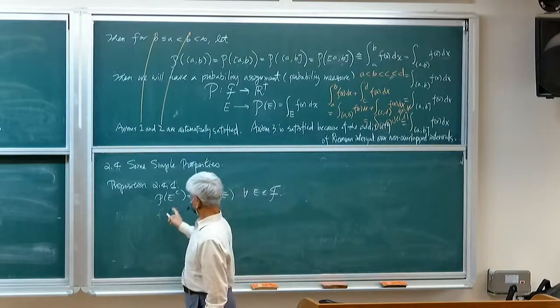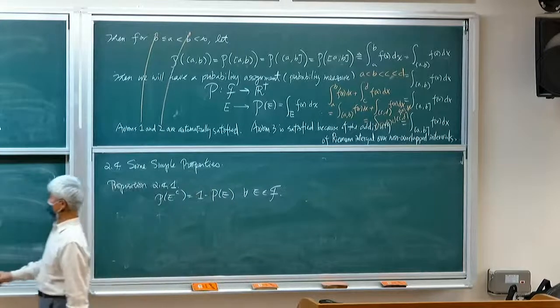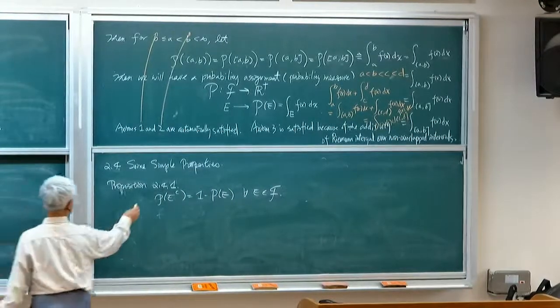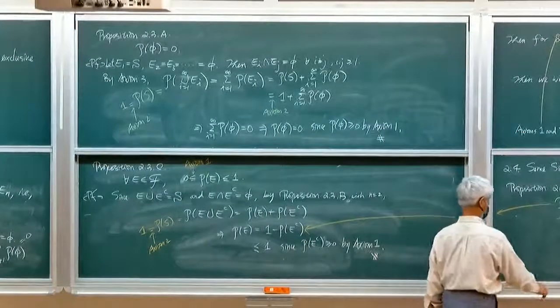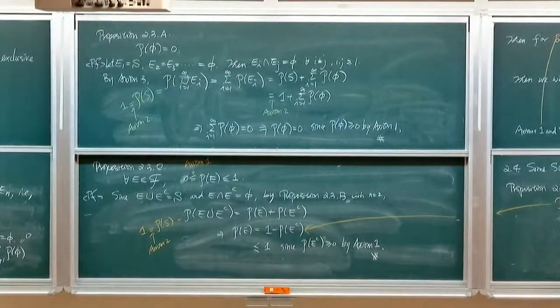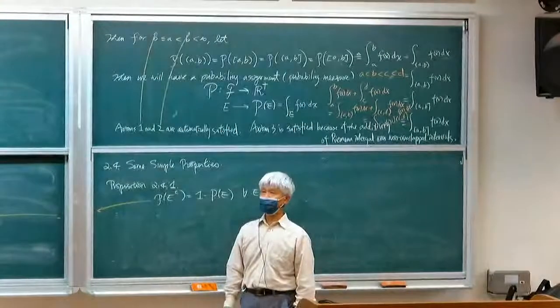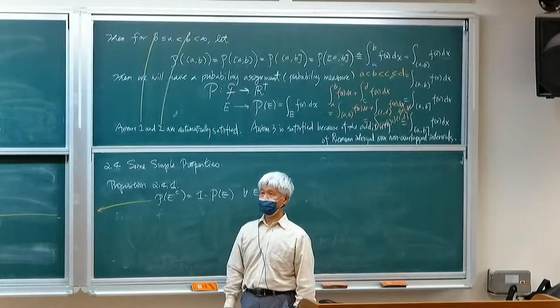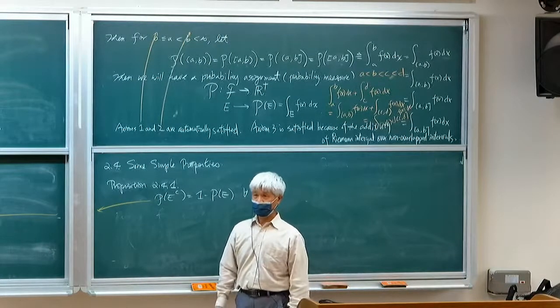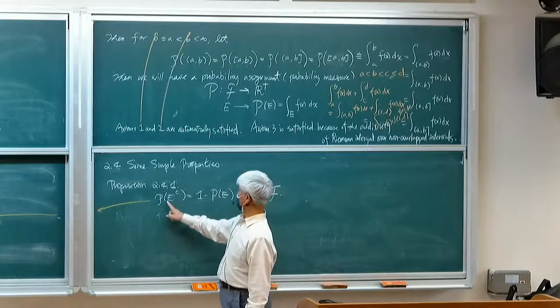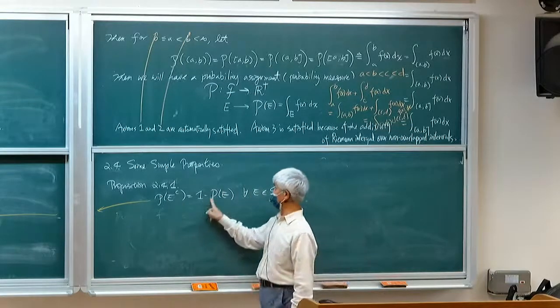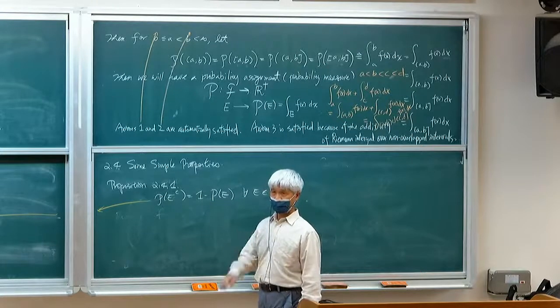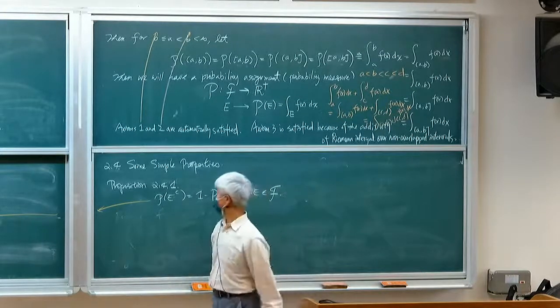This proposition has been proved already here, so I don't need to prove it again. The probability of E complement is equal to 1 minus the probability of E. That is reasonable, right?